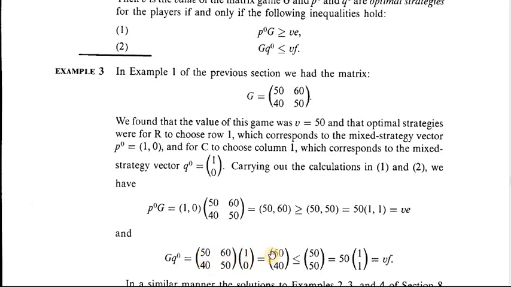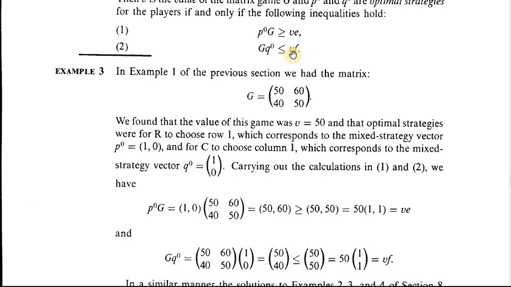This 50 is the result if the column player chooses this strategy and the row player chooses row 1. And this 40 is the result if the column player chooses this strategy and the row player chooses row 2. And again, this V has the interpretation that, in this case, it's a maximum result. Of course, the column player wants the result to be as small as possible.